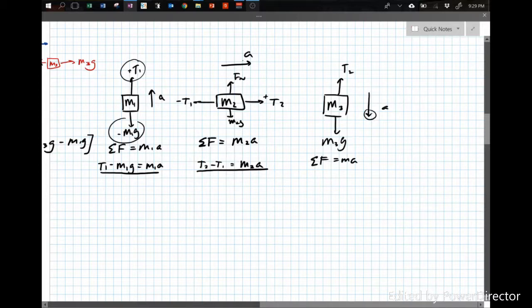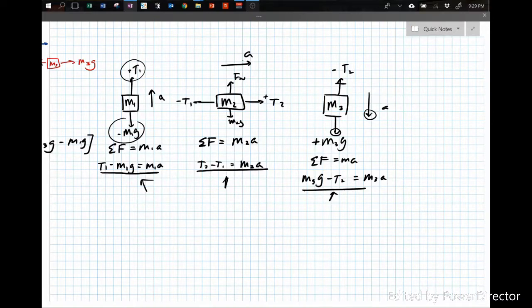Since my acceleration is down this time and the weight is down, it's going to be positive. Tension 2 is opposite my acceleration, so tension 2 is going to be negative. Putting that together, that's m3g minus tension 2 is equal to m3a. So these three equations would be Newton's second law for this entire situation. And I could do what I wanted to with that to find any unknowns that I needed to get.